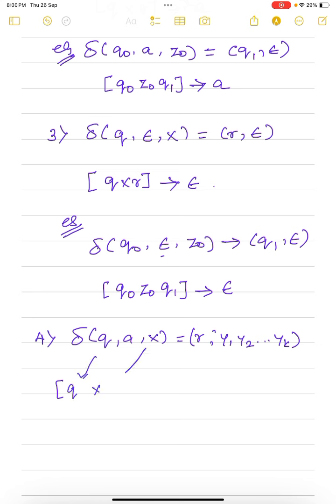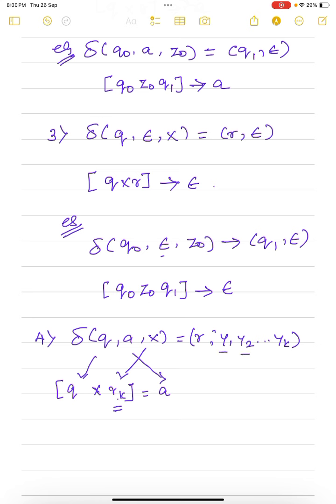Next is X, we will be adding X. And here this RK, you have to apply all possible combinations of states for this R. Suppose you are going to take state Q0, Q1, then all possible states Q0, Q1, everything you should have for this RK. And the right hand side should have this A here.